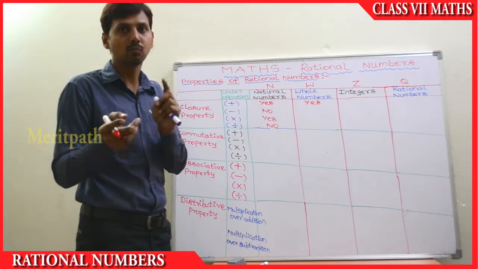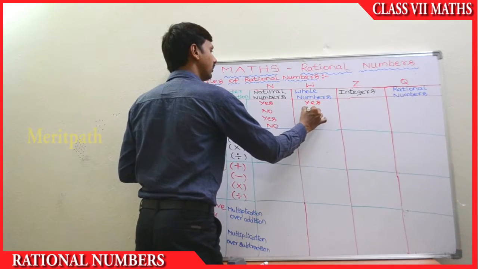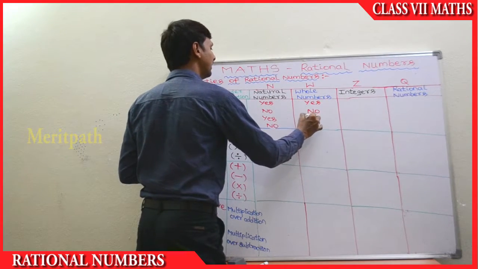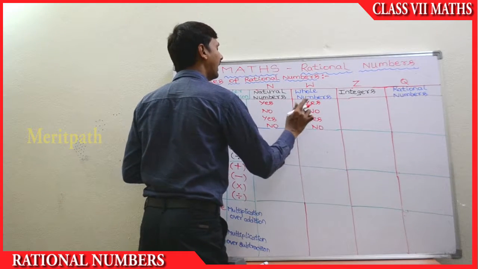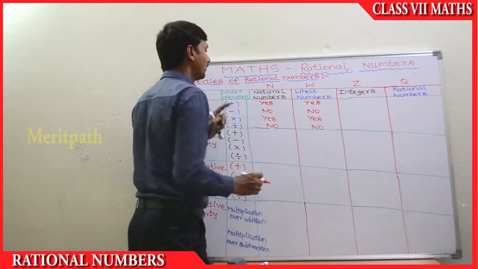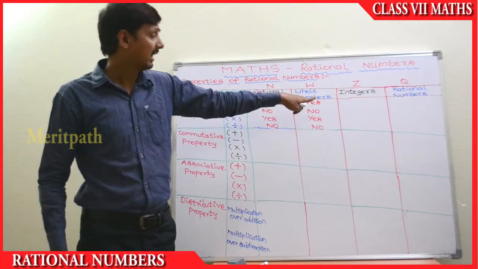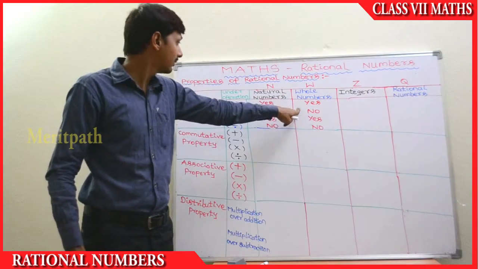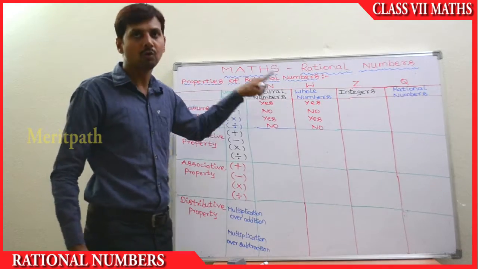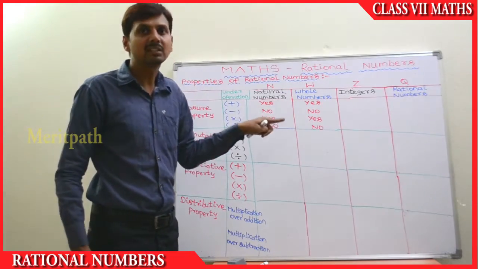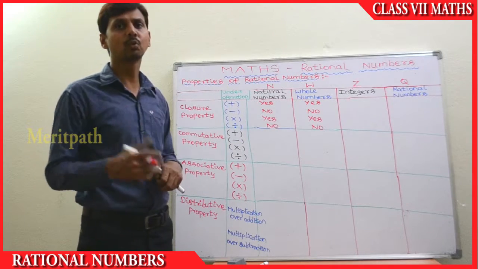When we subtract 1 from 0, we get minus 1, so it's no. Multiplication, yes, it's possible. And division is not possible. We take the same examples as for natural numbers, and we get the same thing. So for whole numbers: addition yes, subtraction no, multiplication yes, and division no.